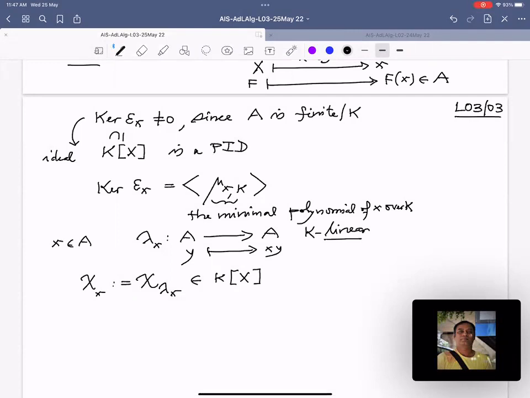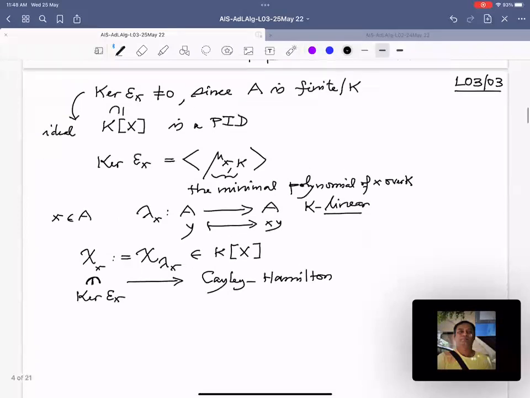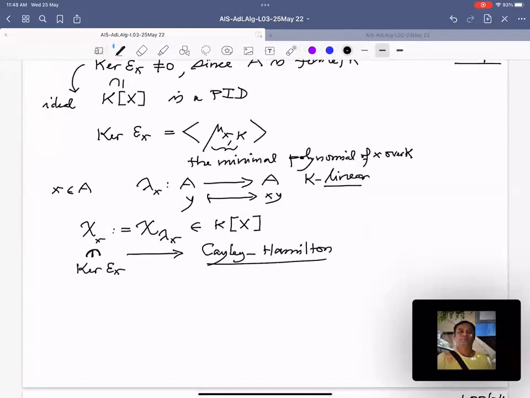Cayley-Hamilton theorem says this chi x actually belongs to the kernel. This is precisely Cayley-Hamilton. So this means chi x evaluated at x is 0.